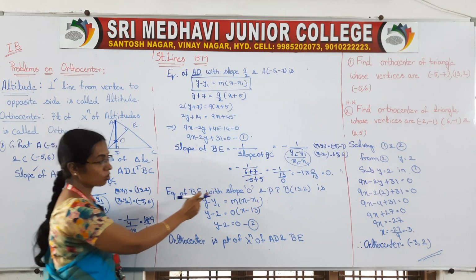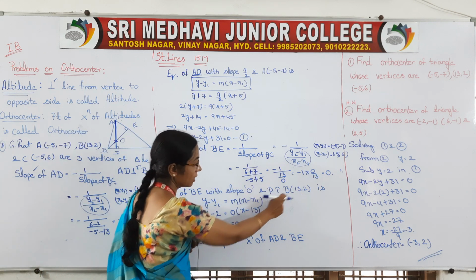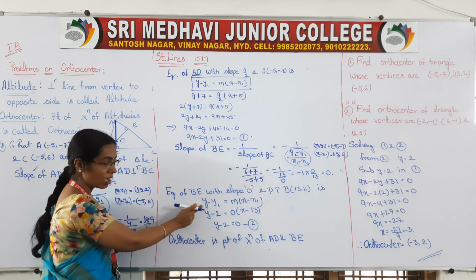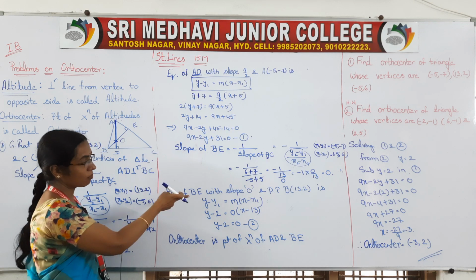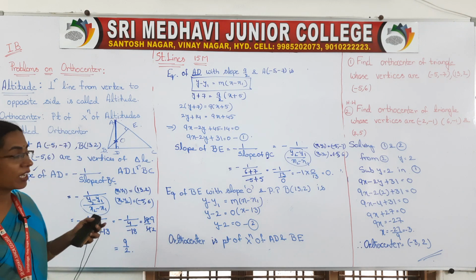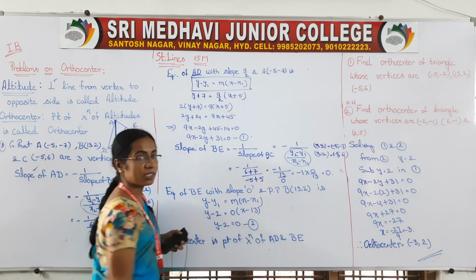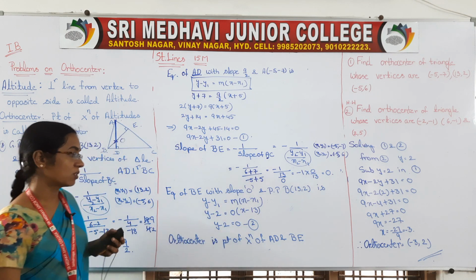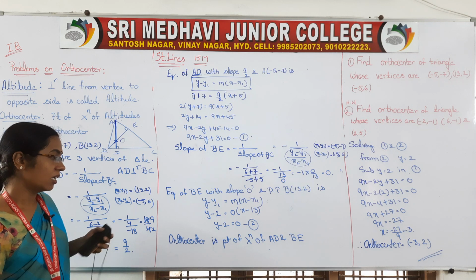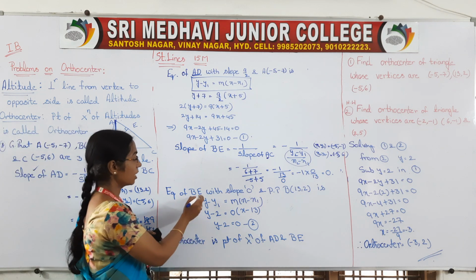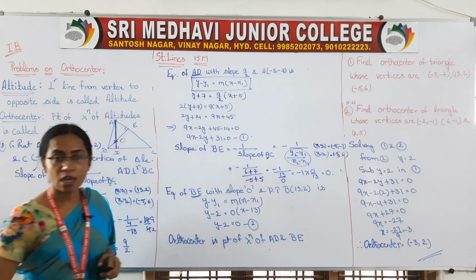Once we know the slope and the point, we can write that line equation by applying this formula. Second time we applied the same formula: y minus y1 is equal to m into x minus x1. Now substitute the x1, y1 values here. So you got the equation of BE now.